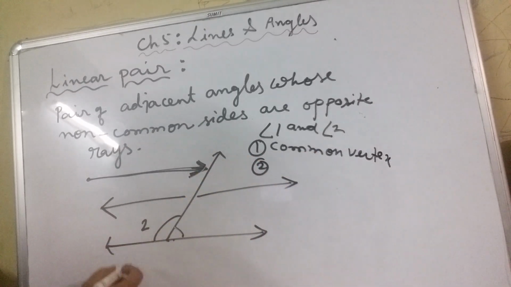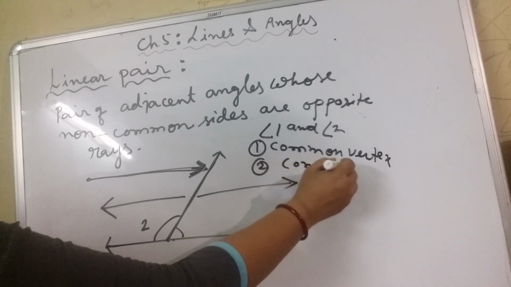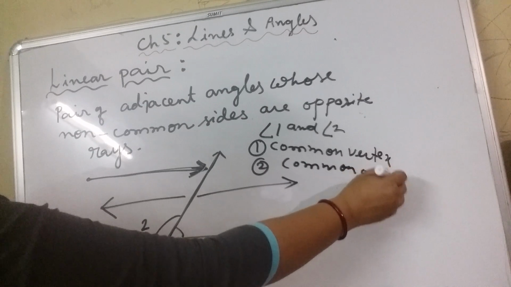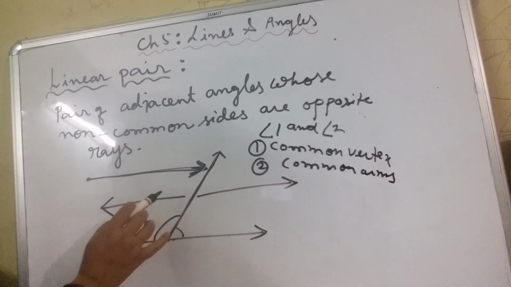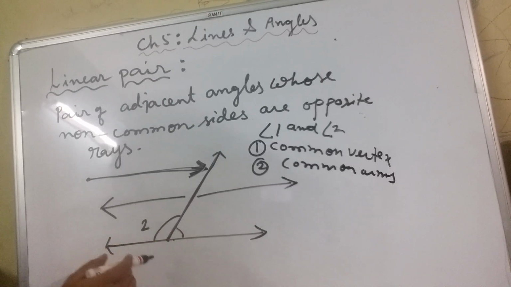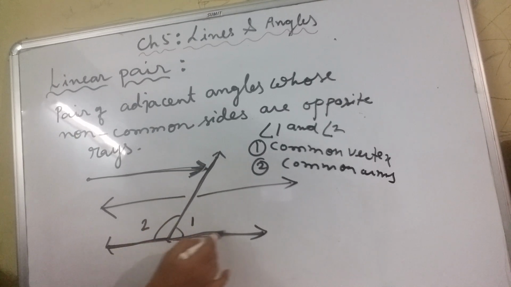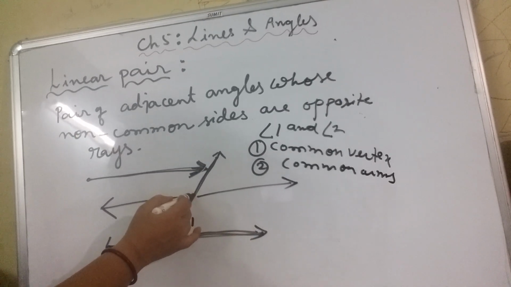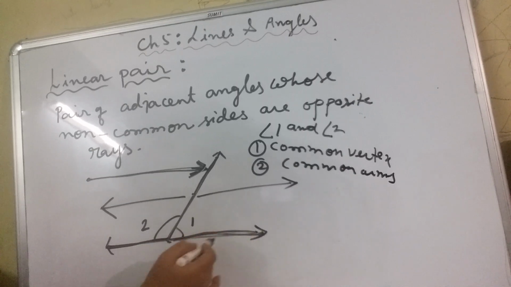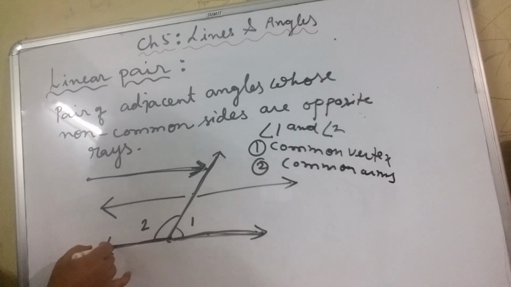This arm is common, and they do not have any common interior point, so these are adjacent angles. Now consider the non-common arms: for angle 1 this is the non-common arm, and for angle 2 this is the non-common arm.